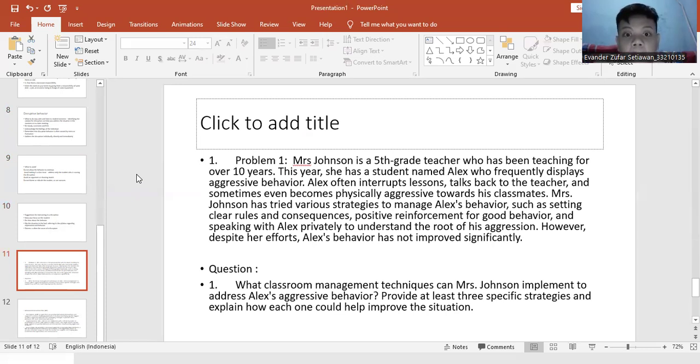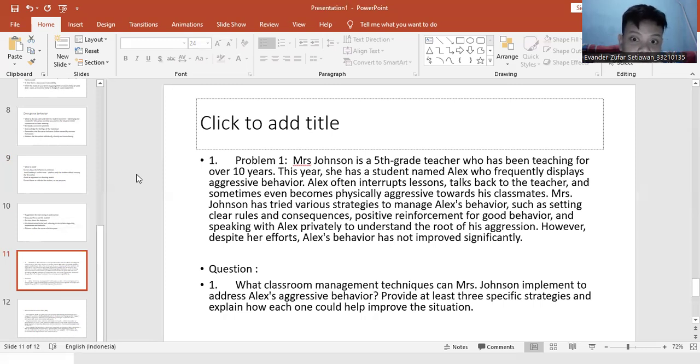Problem 1. Mrs. Johnson is a 5th-grade teacher who has been teaching for over 10 years. This year, she has a student named Alex who frequently displays aggressive behavior. Alex often interrupts lessons, talks back to the teacher, and sometimes even becomes physically aggressive toward his classmates.